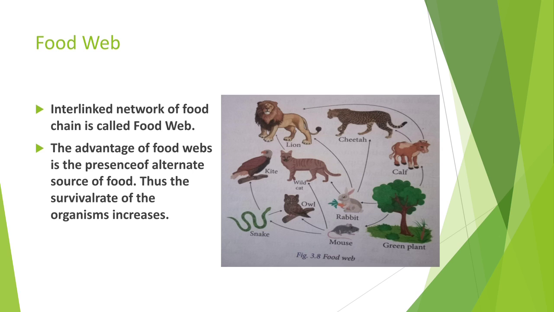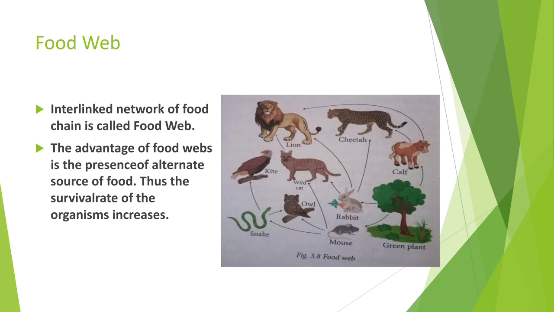That means the main advantage of the food web is that they can get food from different sources, so they can survive. The survival rate increases because they get food from different sources.